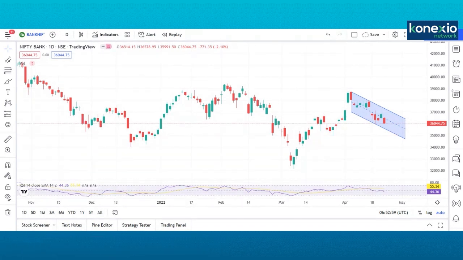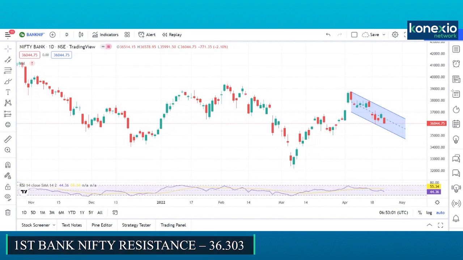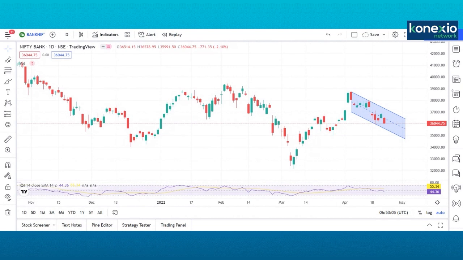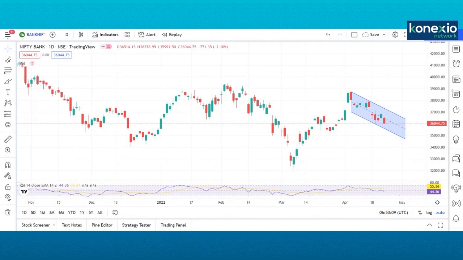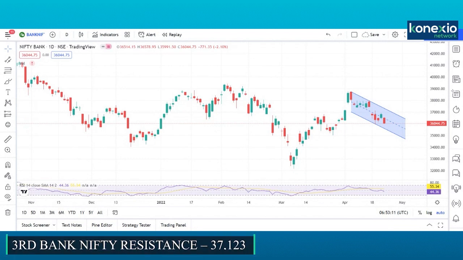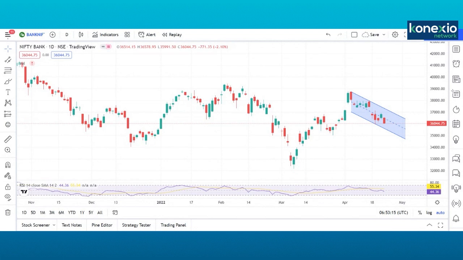On the upside, the first resistance is placed at 36,303. Second resistance is placed at 36,578, and third resistance is placed at 37,123. So these are the important supports and resistance level in the Bank Nifty for the next week.